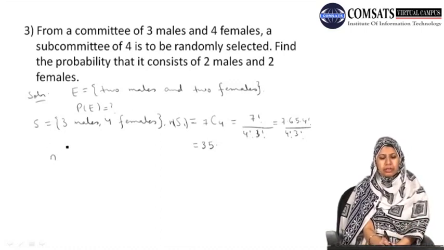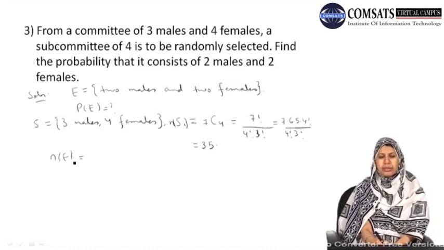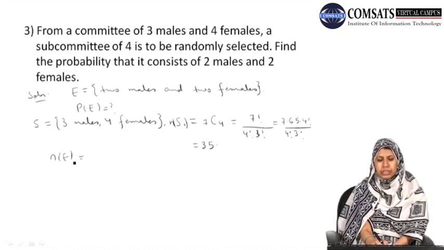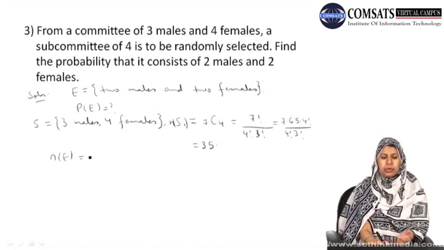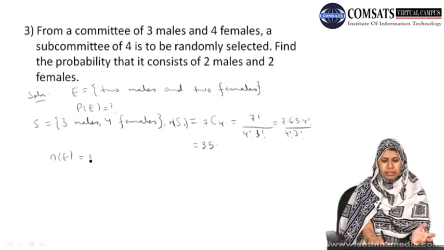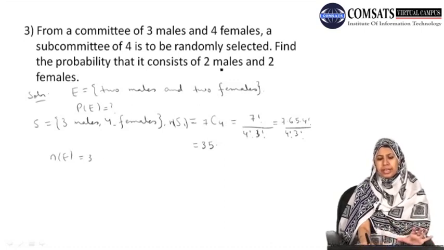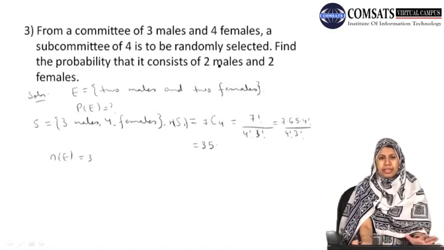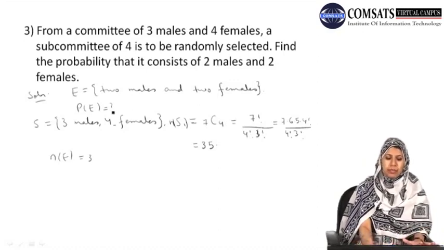Okay, now the size of our event E. The size of our event E will be calculated again by using the combination and the basic counting principle. That is, what is the possibility of obtaining 2 males from 3 males? We are selecting our members randomly, which means that order does not matter.